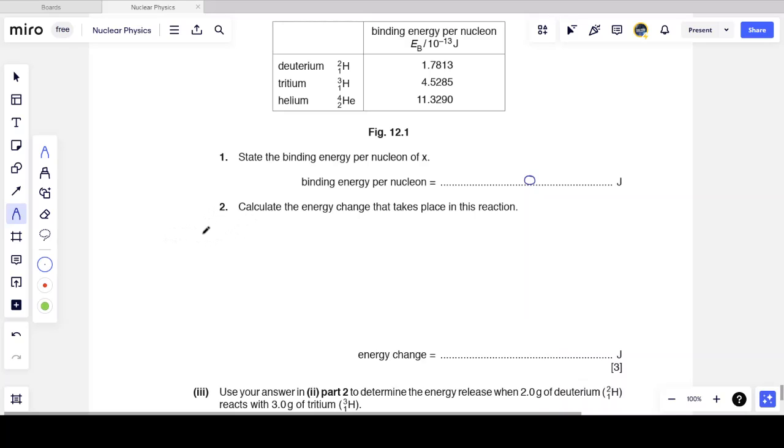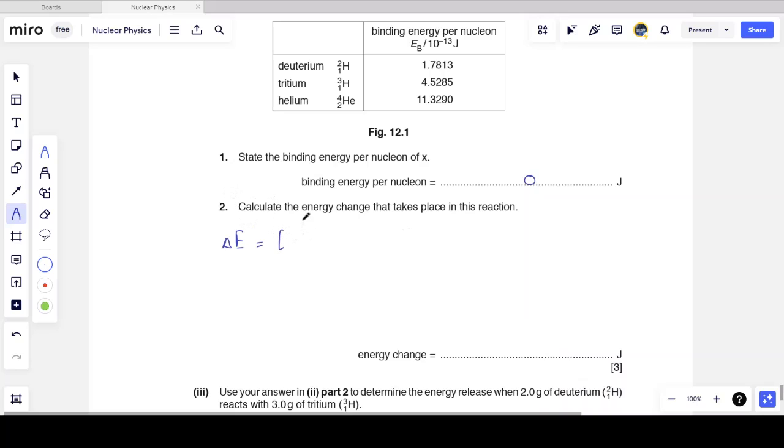Now, like always, we have to find the total energy, delta E, but we are actually given the energy per nucleon. So we have to multiply this energy per nucleon by the number of nucleons.